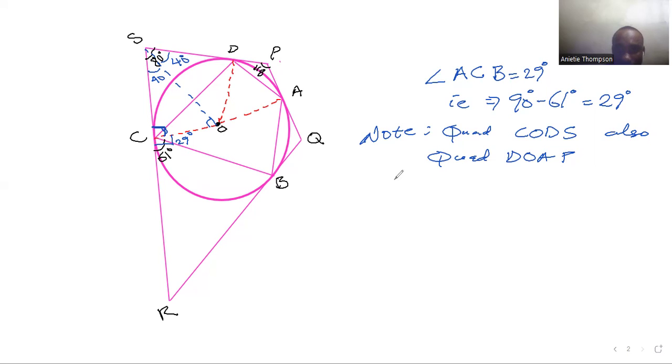So we say angle COS must be equal to 90 degrees minus 40 degrees, and 90 minus 40 will give you 50 degrees. Meaning here is 50 degrees, and here, since these 2 triangles are similar, must also be 50 degrees.